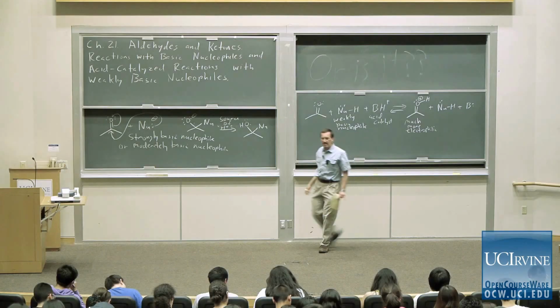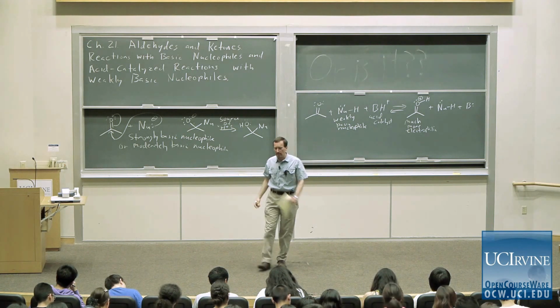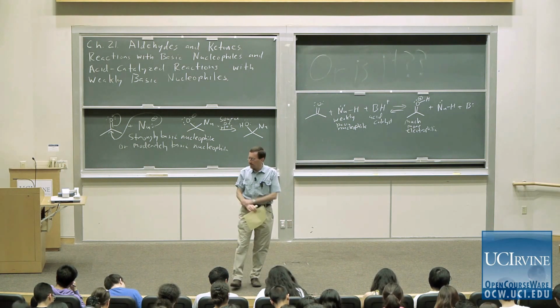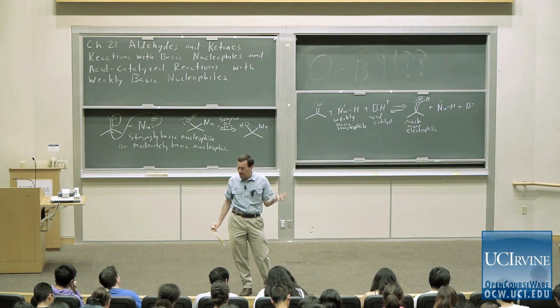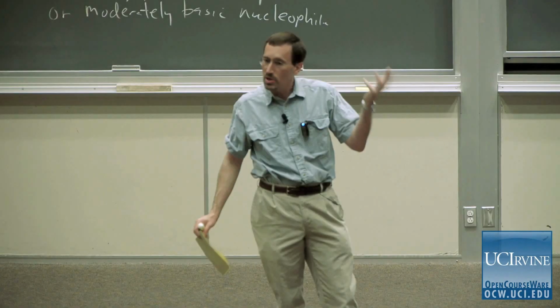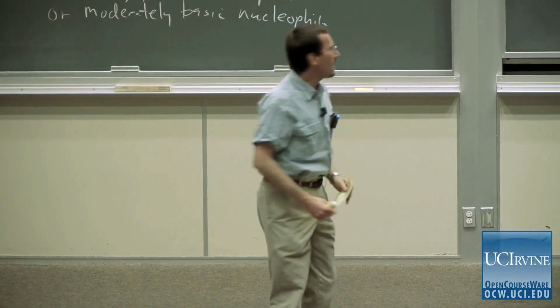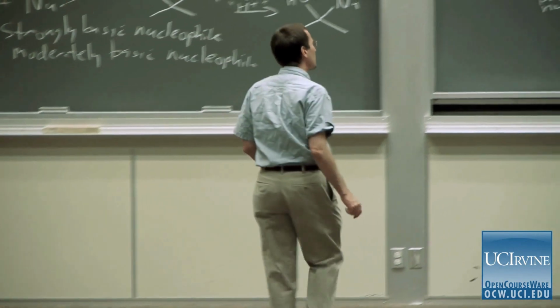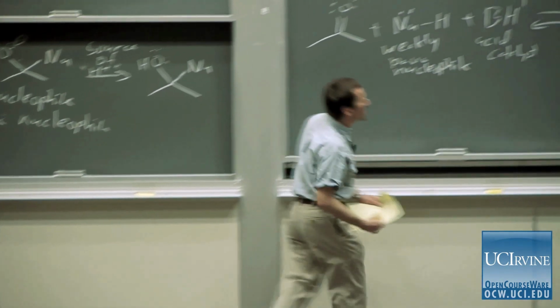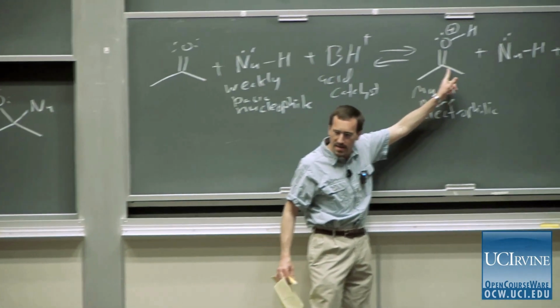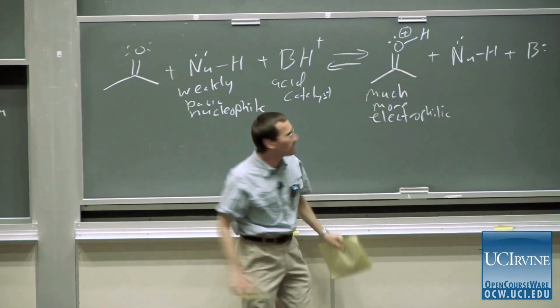Remember, something that's electrophilic wants electrons. In general, if you've got a positive charge, it's going to want electrons all the more. And so now your weakly basic nucleophile says, wow, this guy really, really wants me. I'm going to share my electrons.